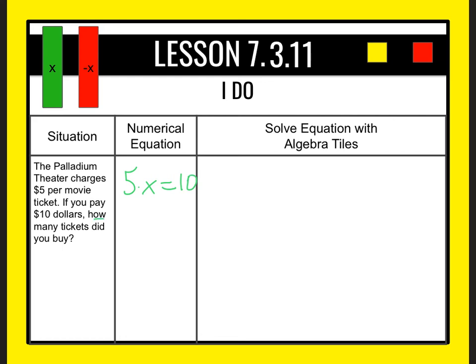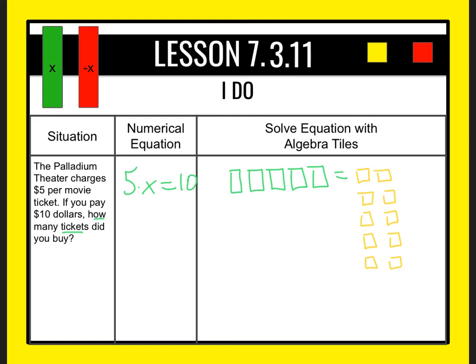We need to figure out, well, then if every ticket is $5 each, how many tickets did we buy? So I can actually represent that, right, by setting up my algebra tiles and using those tiles to figure out how I'm going to take those $10 and figure out what 1x is actually worth. I know 5x, 5 times a number, is equal to 10.